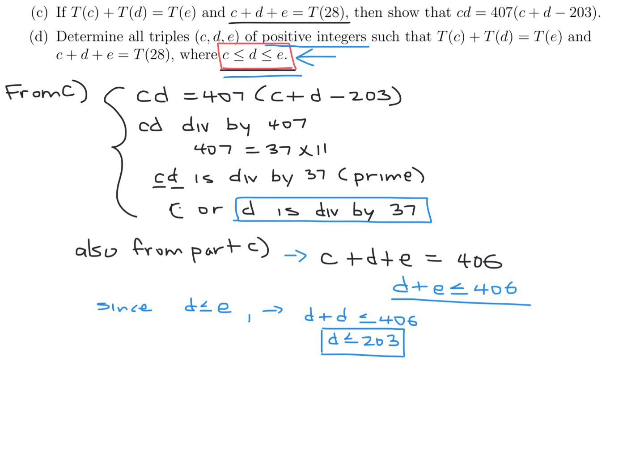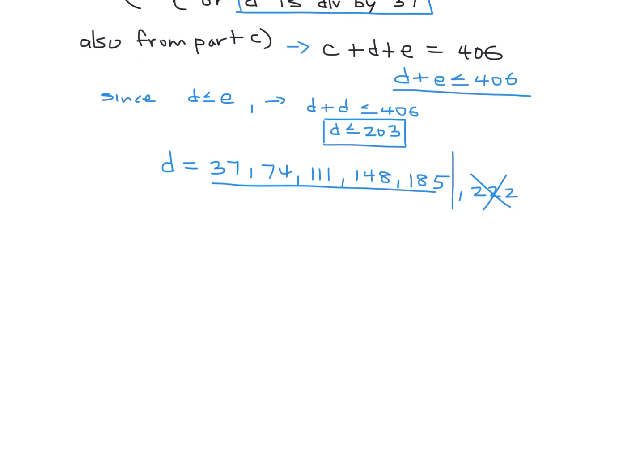D is divisible by 37. It's a multiple of 37. And D is less than 203. So let's try multiples of 37 that are less than 203. So we have 37, 74, 111, 148, 185, and the next one is 222, right? But that's not less than 203, so we'll just have to use these guys.